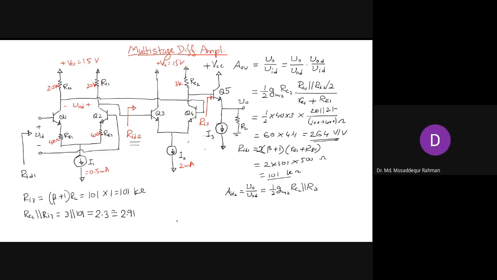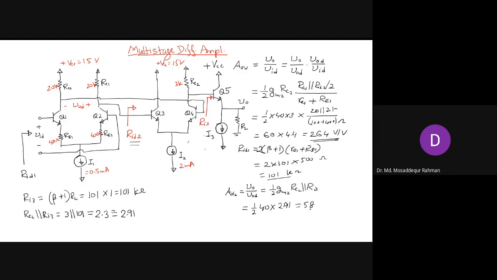Okay, so overall, the collector resistance has a little change, a little reduction. So overall gain will be reduced by a little margin. Here we have 40 times 2.91.